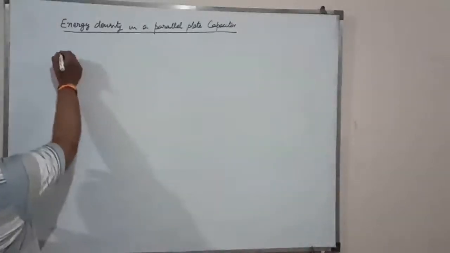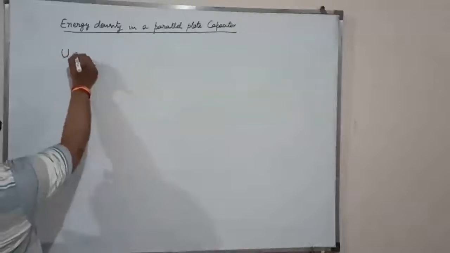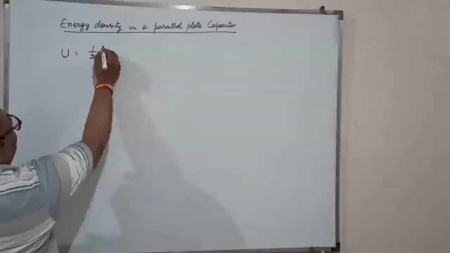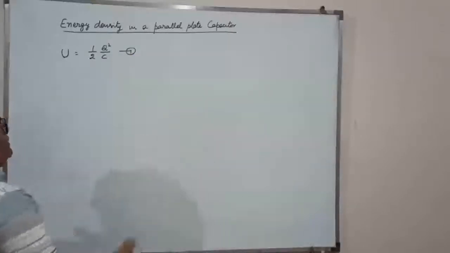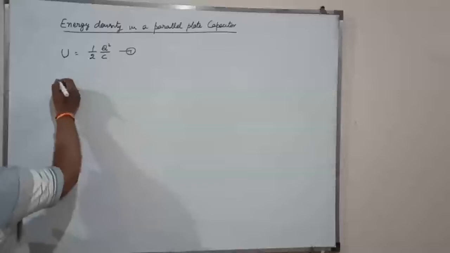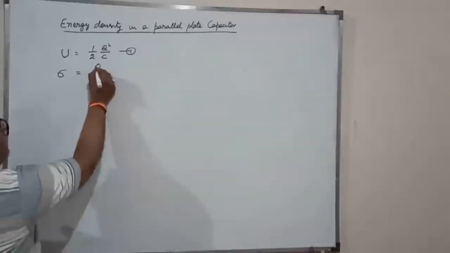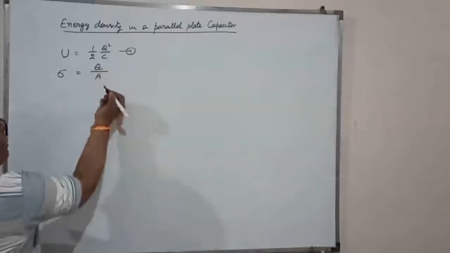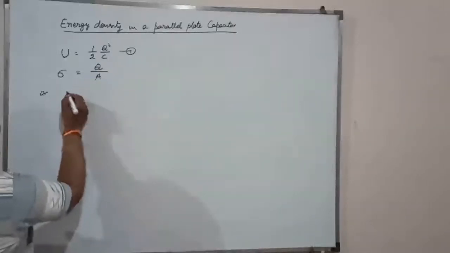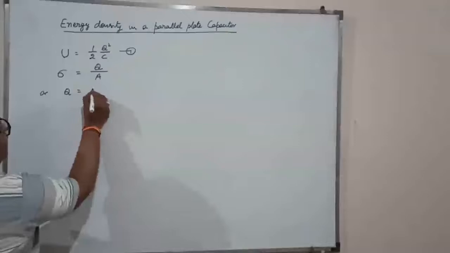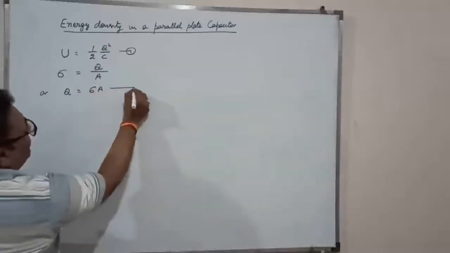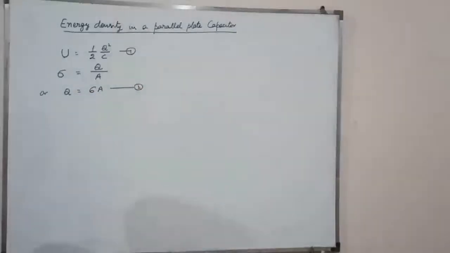We know the energy stored in the capacitor is U equal to half Q square upon C. This is the first equation. The second is the surface charge density, sigma is equal to Q upon A, or this equation can be written as Q is equal to sigma A. This is the second equation.